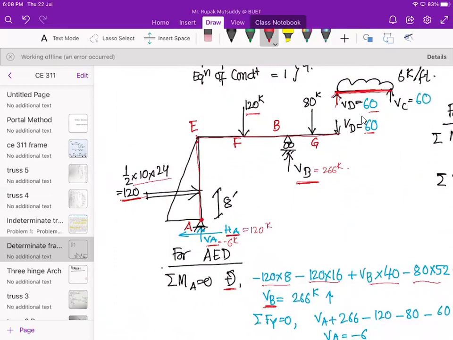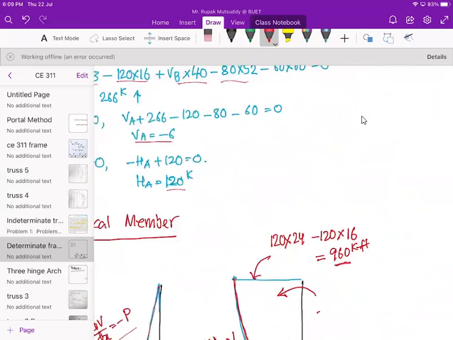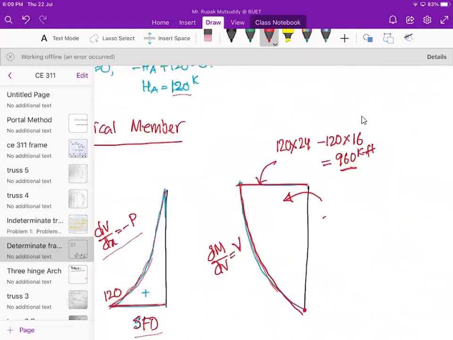HA will give the moment, and this load will give another moment. So considering that, this is 120 times 24 minus 120 times 6 equals 960 kip, and this resulting moment will act like this. So that's why this is 960 kip feet.